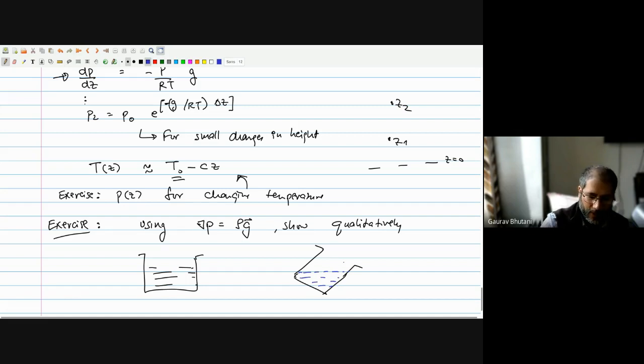So using this equation, can you argue that the water level will remain perpendicular to gravity even if I tilt the vessel?